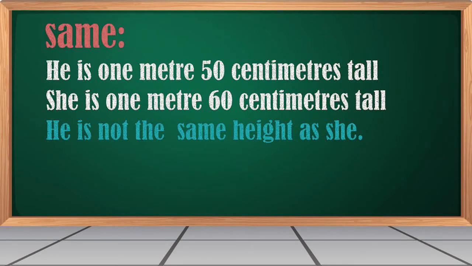So here we use not plus same. So the sentence should be, he is not the same height as she. He is not the same height as she.